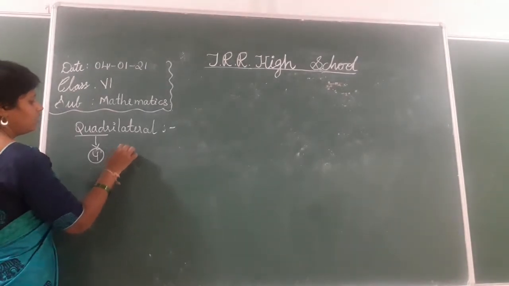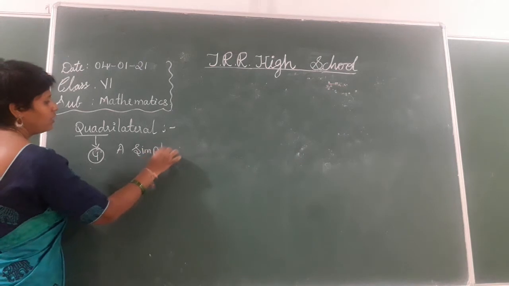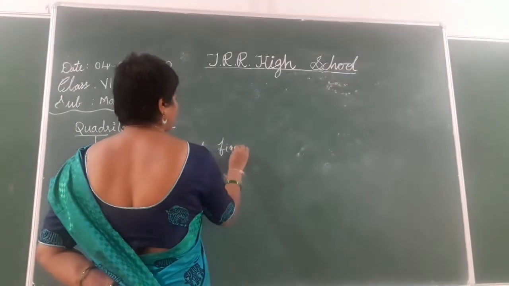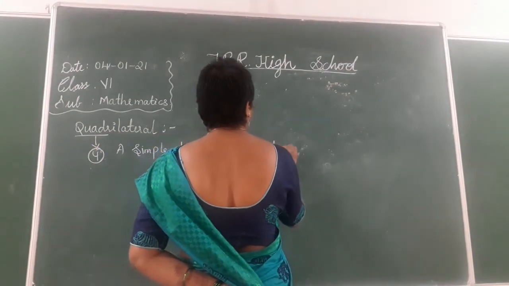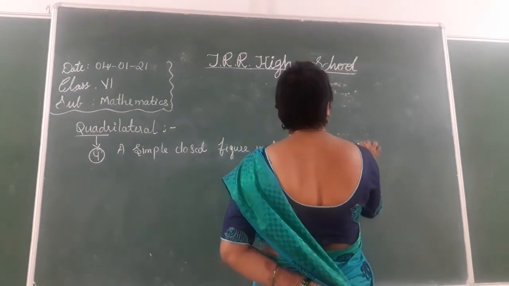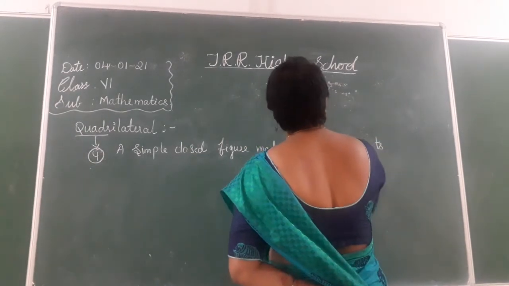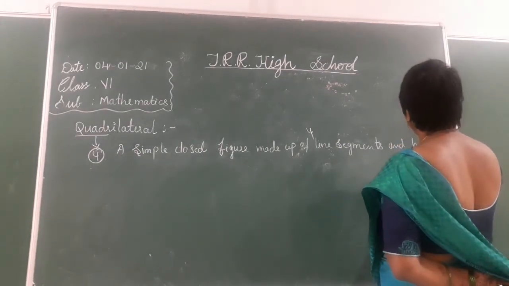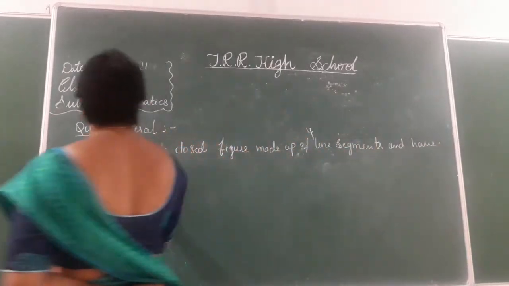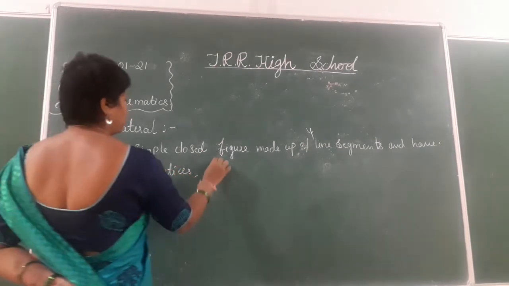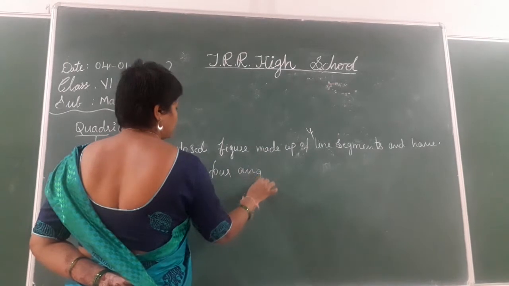Okay. So the definition is: a simple closed figure made up of four line segments, and having four vertices and four angles.